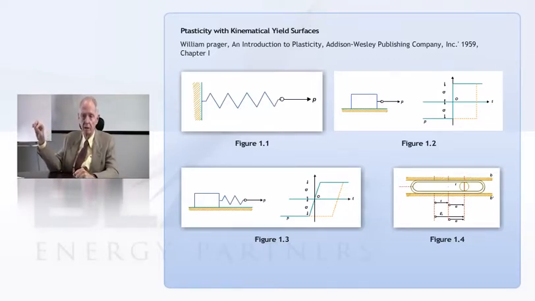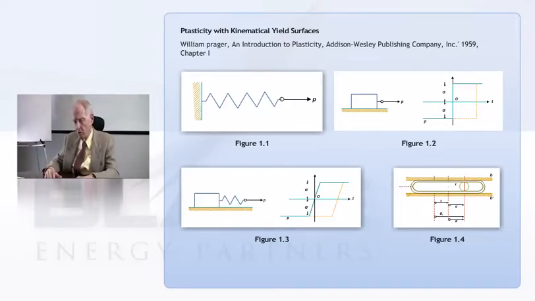And what Prager and Hodge did, what Hill does, is they use isotropic hardening. That's already been mentioned. But Prager wrote a whole book on kinematic hardening.